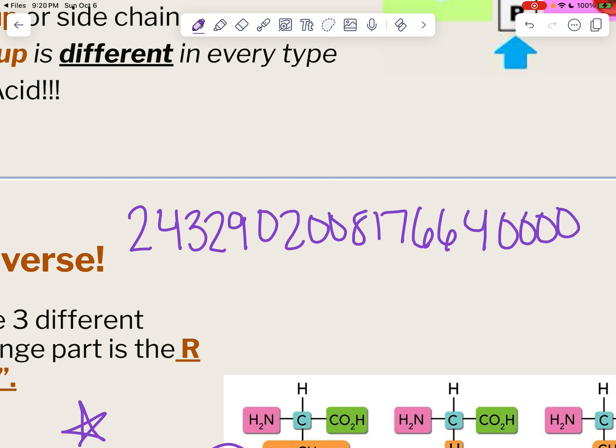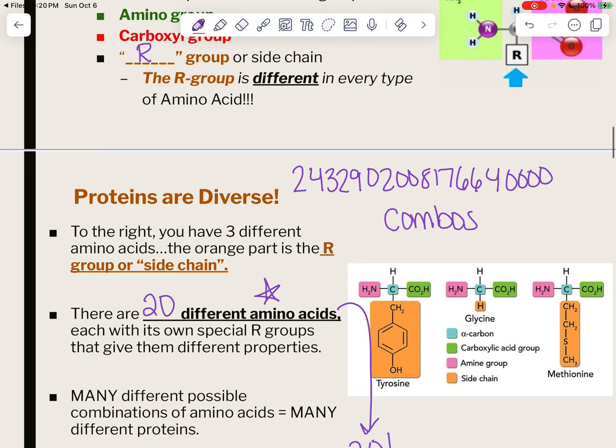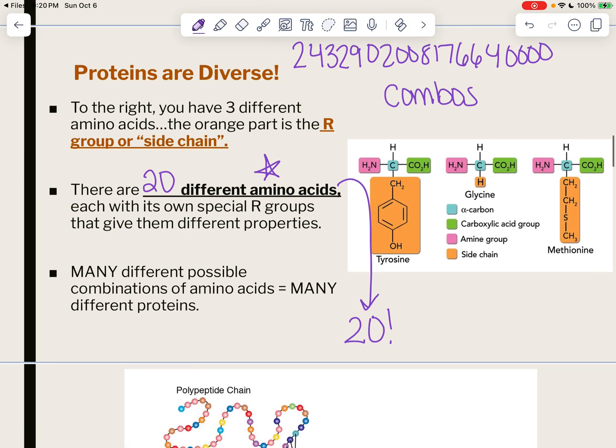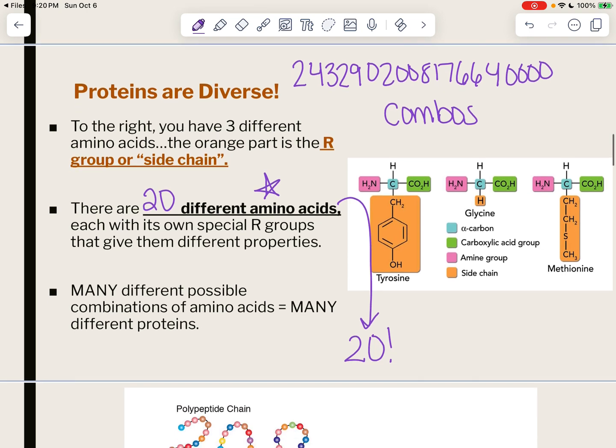That is how many different combos there are of the 20 amino acids you could have in the body. Now, you don't have to write this number down. I am just telling you that there are many combinations of these modifications you could have of these amino acid chains and all the different variations.